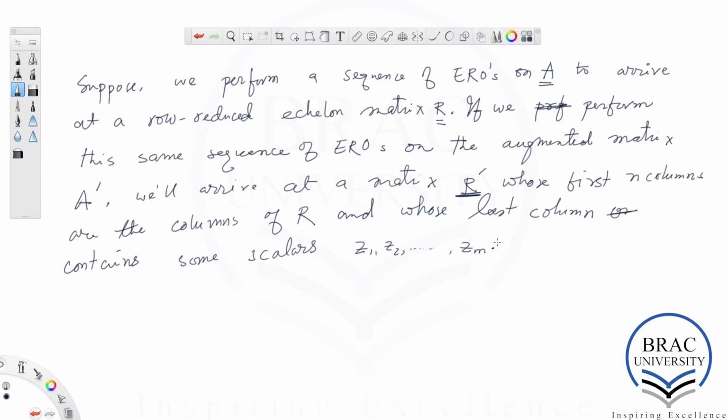So this is what we are getting at the end. We are getting an m times n matrix R prime whose first n columns exactly coincide with the columns of R, and the last column of this matrix R prime is going to be given by these m scalars.